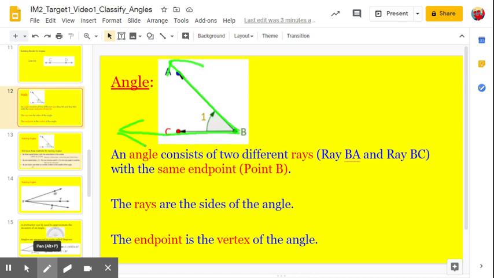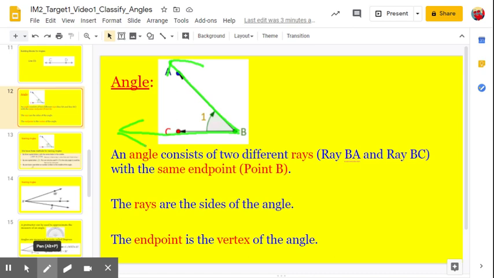Sometimes when you see pictures of angles, they don't always show a ray. It could look like a segment. It could be lines that intersect, and we're only talking about part of it. But for the formal definition of an angle, we're talking about two rays that go on forever with a common endpoint or starting point, if you will.